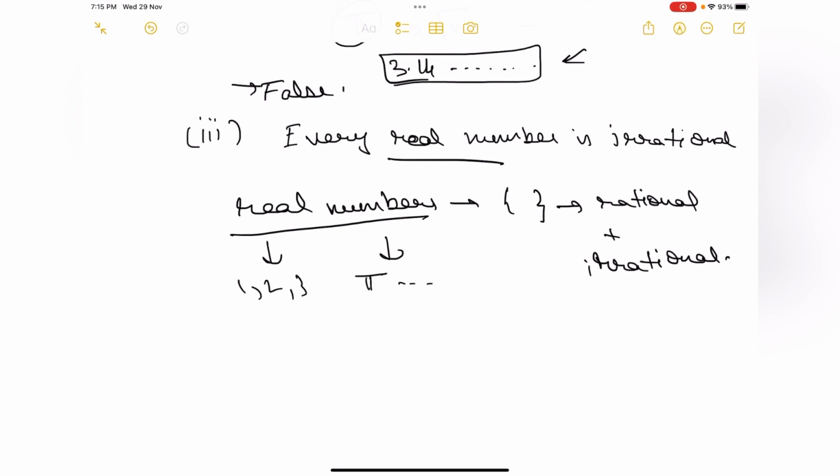All these together form real numbers. Therefore, real numbers like 2, 3, etc., are not irrational. Therefore, every real number is not irrational, and this implies that this statement is false, right?